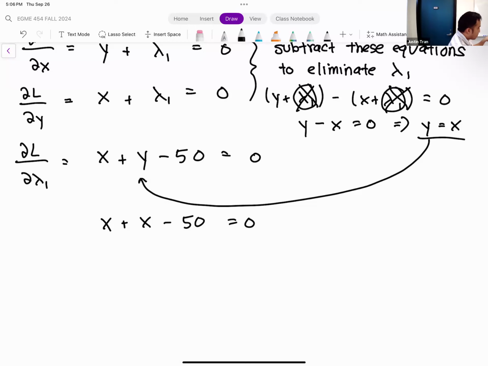The x plus x are going to combine and become 2x. We can solve this equation for x, and what we get is x is equal to 25. Then based on our relationship earlier that y has to equal x, we also get y is equal to 25.